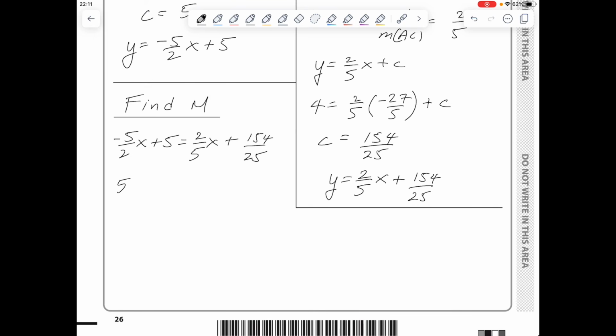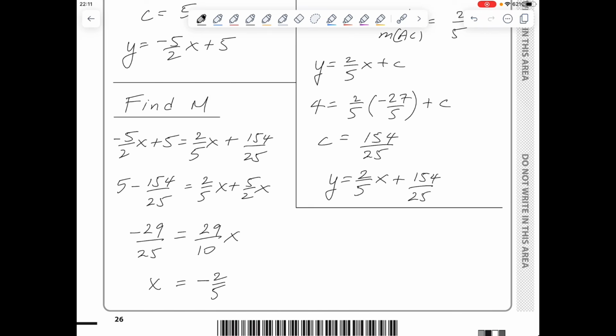So 5 minus 154 over 25 equals 2 over 5x plus 5 over 2x. Simplifying both sides will give me minus 29 over 25 equals 29 over 10x. Therefore, x comes out to be minus 2 over 5.